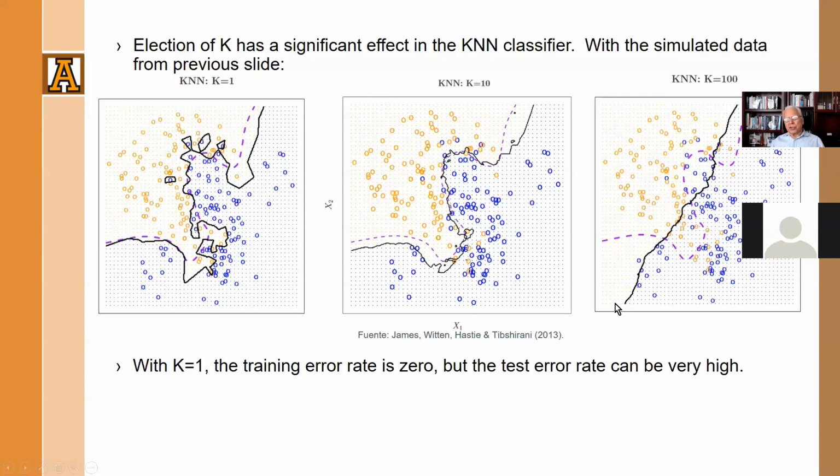So the choice of k is very important to determine the classifier, and it has a large impact in determining the classifier. And now we'll just do it in terms of selecting different values of k and evaluating what the result is on the test data set. But we'll see later that there's a way to choose the optimal value of k using resampling methods.